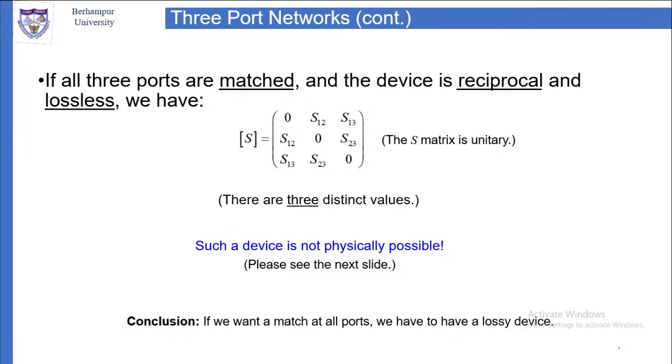Similarly, S32 is written as S23 because of reciprocity. So the S matrix is now 0, S12, S13, S12, 0, S23, S13, S23, 0. This form of a matrix is called a unitary matrix.